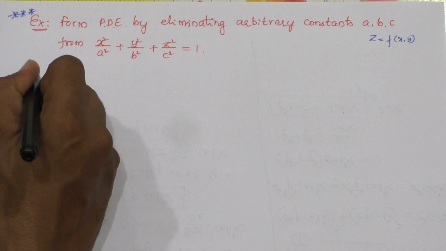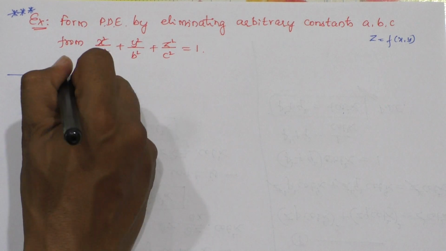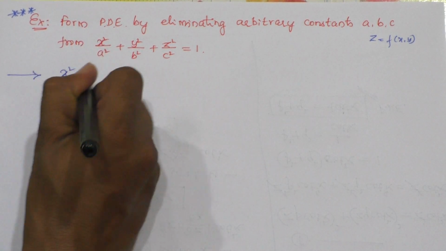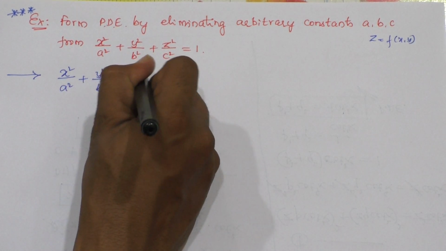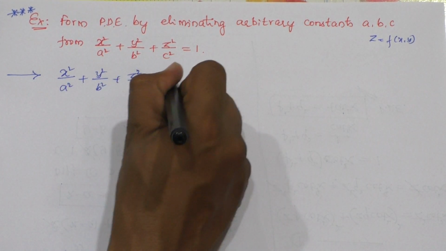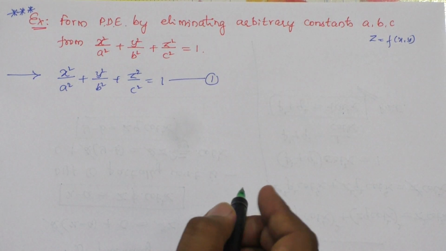So let us consider the given equation as x square by a square plus y square by b square plus z square by c square equal to 1. Take this as equation number 1.